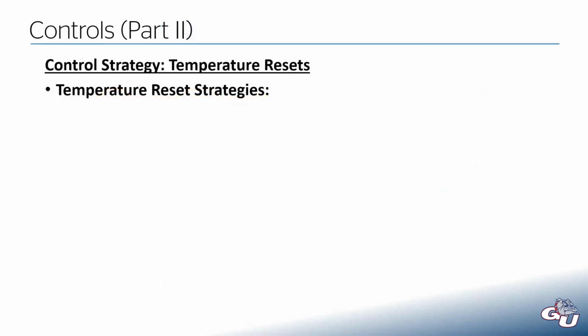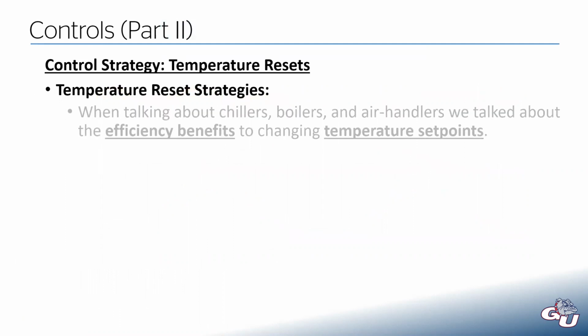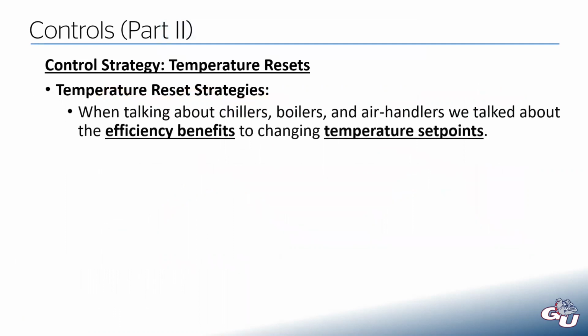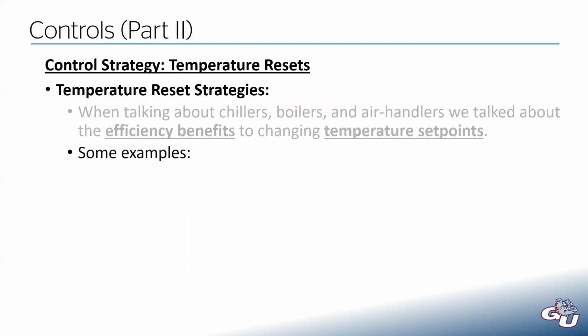Next up, we have what are called temperature reset strategies. Think back to when we were talking about chillers, boilers, air handlers. Multiple times we've talked about the efficiency benefits that can result from changing our temperature set points. To refresh your memory with some examples, let's say we have a hot water temperature set point.